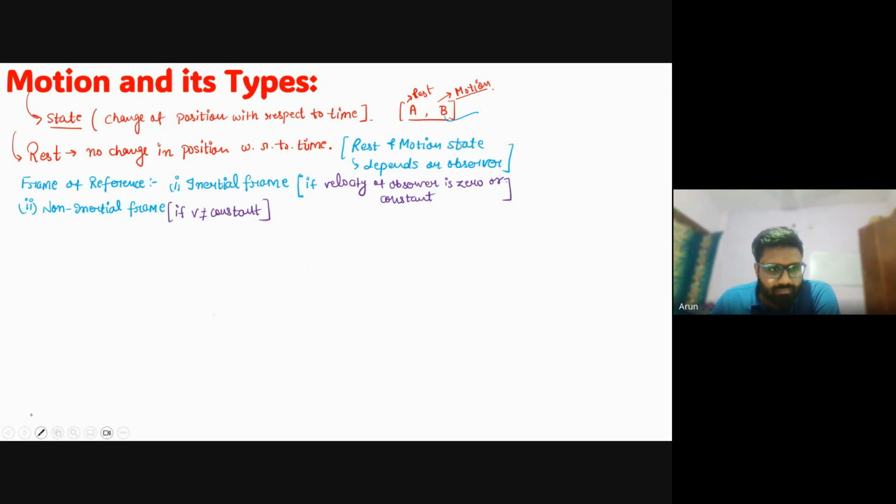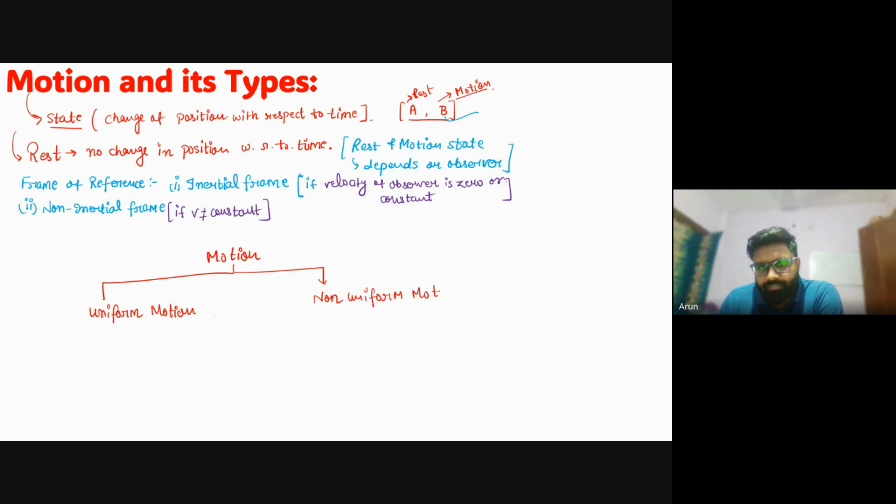So the motion that we have: first one is uniform motion, and the second one is non-uniform motion. Now we will move on to the next slide, and when we complete those topics that explain what a uniform motion is, what a non-uniform motion is, we will get back to this slide and update this. Got it?